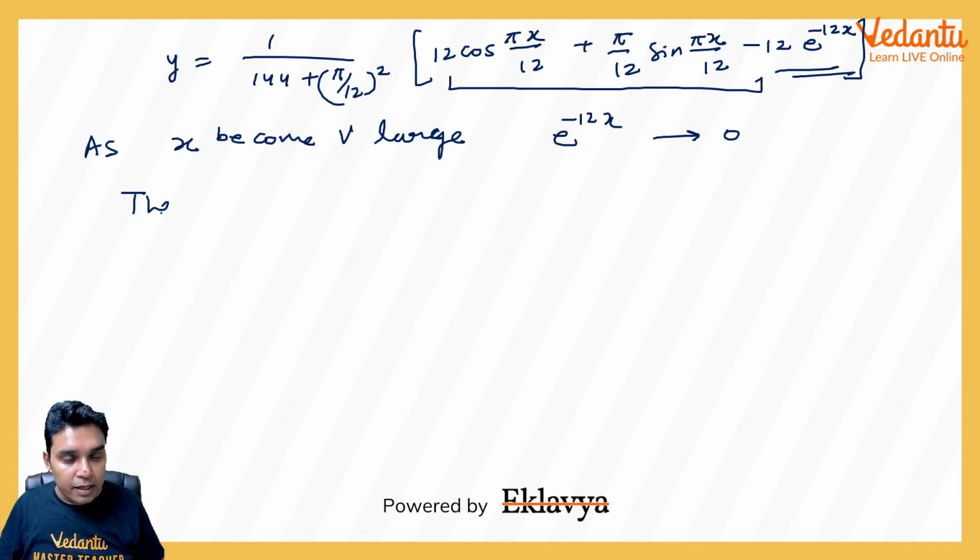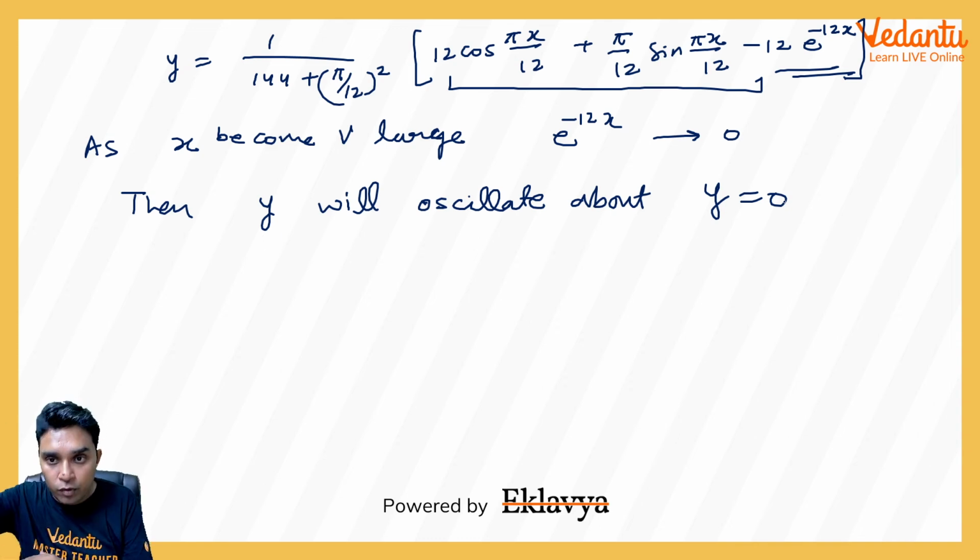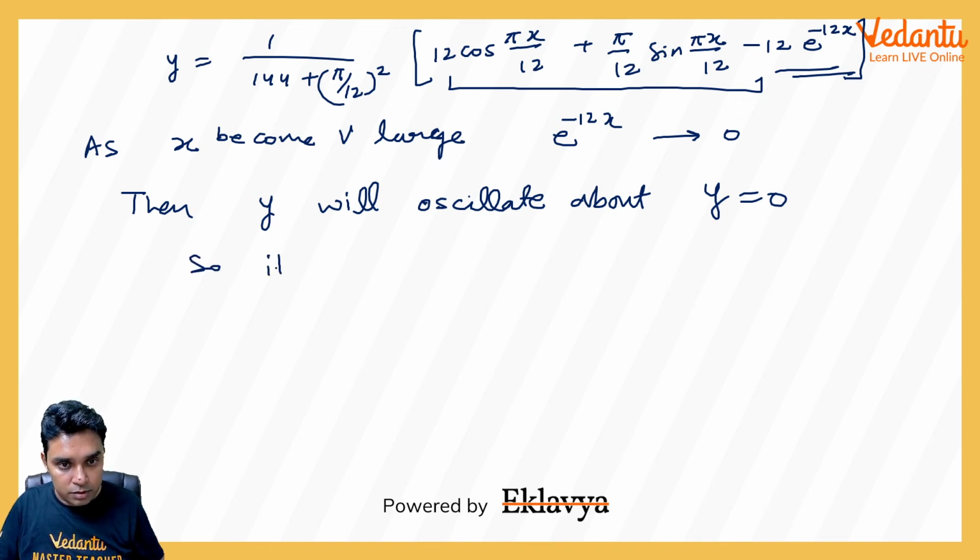What I'm saying is this y will oscillate about the line y is equal to 0. It will take y equal to 0 value also, it will go positive, it will go negative, and it will not be for one or two values. It will keep oscillating for infinite values of x. So it will cross this x-axis, or y is equal to 0, at infinite points.